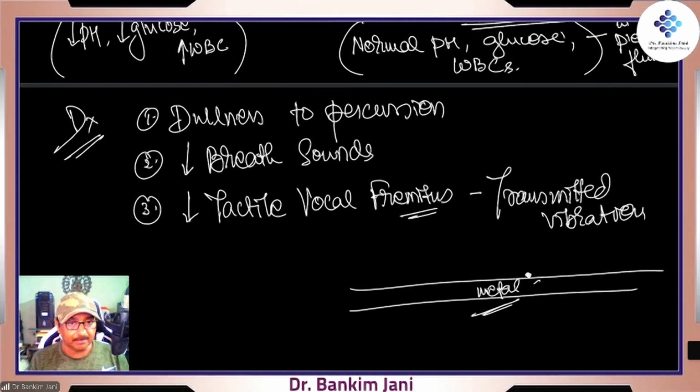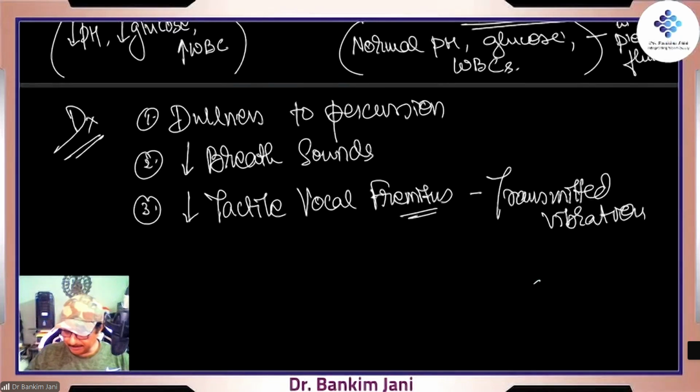Now over here, you'll tell the patient to say "blue balloons". These are some typical words in which the sound should be there. Try to speak this, and see how the fremitus is felt. Just put your thumb, put your hand over here, and then speak. Blue balloons.